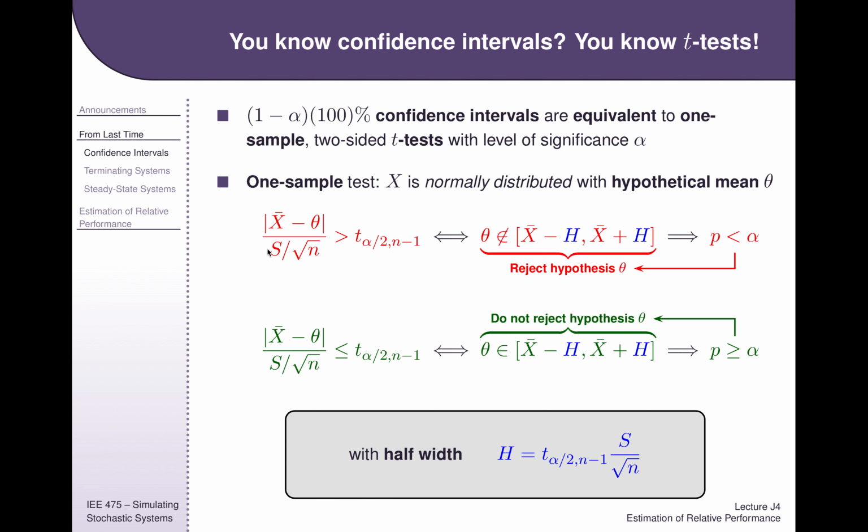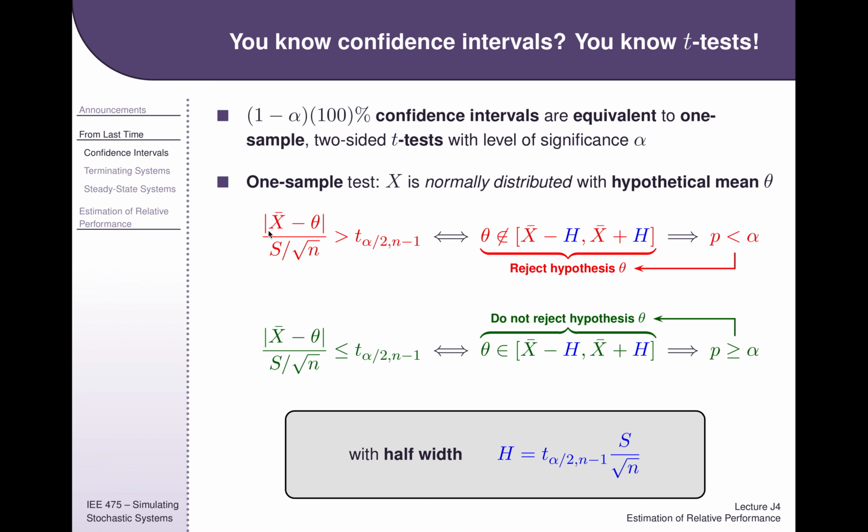You're going to see the SEM come up later in the lecture. We just need to become comfortable with the thing in the denominator of the t-test, which also shows up in the confidence interval, being the so-called standard error of the mean. It's the standard deviation of the estimator.